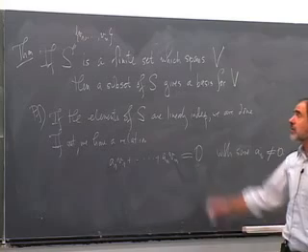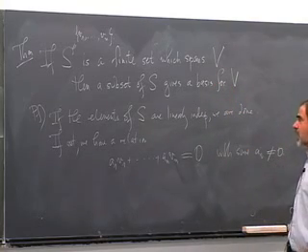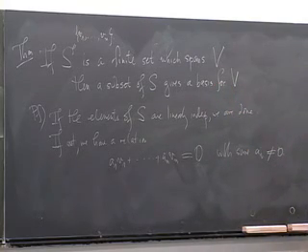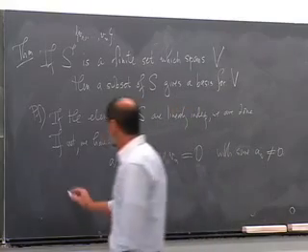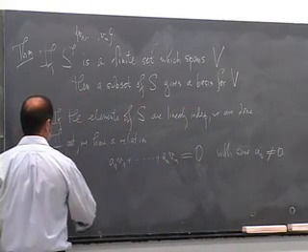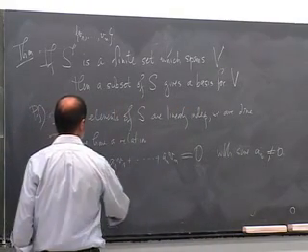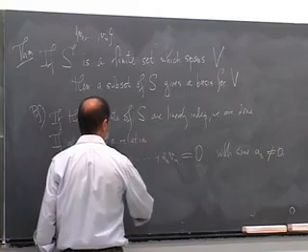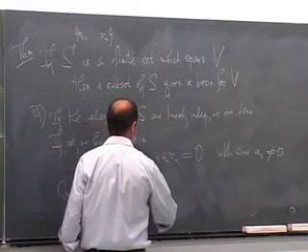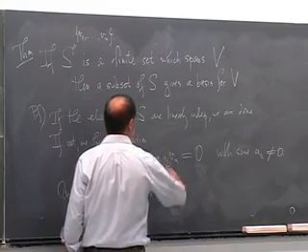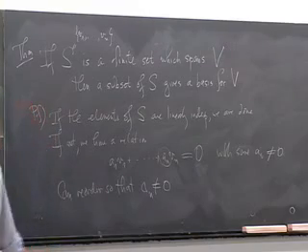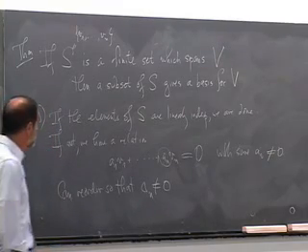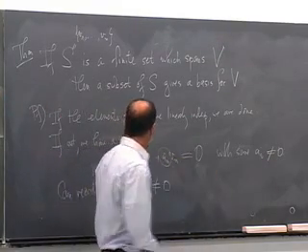So since the set wasn't particularly ordered, I can reorder it so that, for example, an is not equal to 0. Namely, so that this last coefficient is non-zero. Why not? Okay. Take this over to the other side.